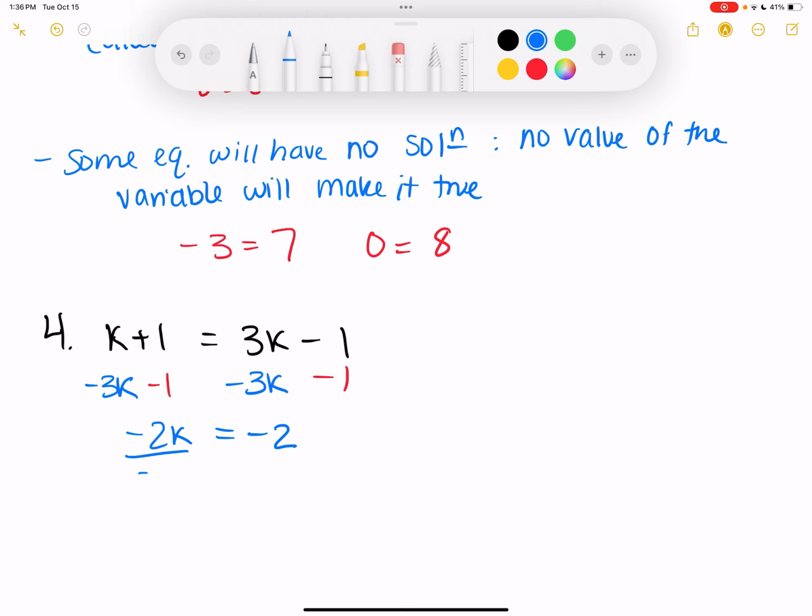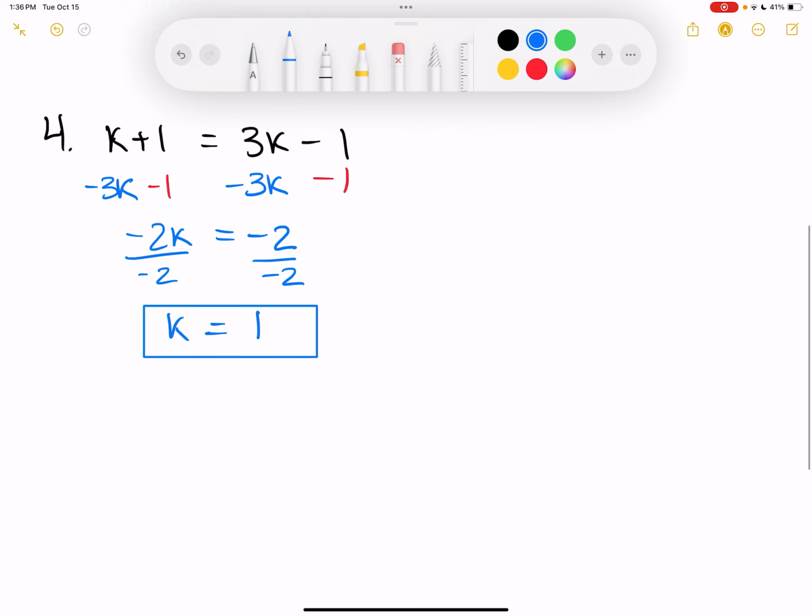Now divide by negative 2. K equals 1. So if you want to move two things at the same time, that's fine. It'll just save you an extra step. But if not, I'll do the next one where you show everything out step by step, like not doing multiple things at the same time.